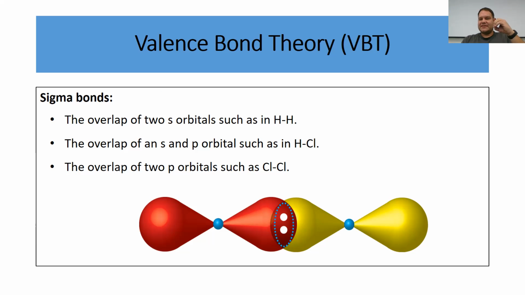Or you can have an s and a p orbital come together and overlap head to head to form a sigma bond. Or you can have one p orbital and another p orbital come together and overlap head to head. This is represented by the picture in your notes, where you have two p orbitals, one in red and the other in yellow, from two different atoms in the valence shell, and they come together and form this overlapping that takes place and forms the covalent bond.